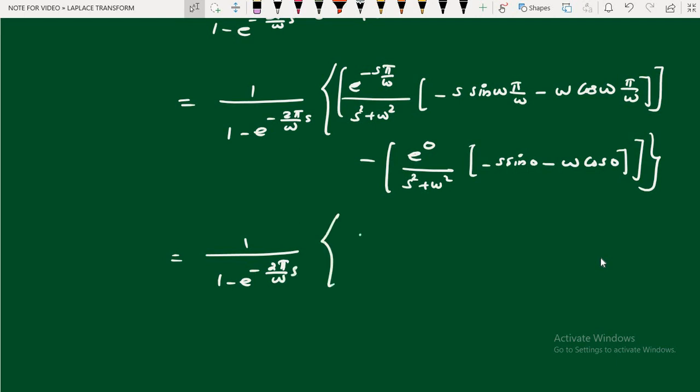Just simplify this one more step. E power minus pi s by omega, we can write like that, by s square plus omega square into, here the value is minus s sine, here omega gets cancelled, we get simply sine pi, minus omega into cos omega, omega gets cancelled, so we get simply pi.